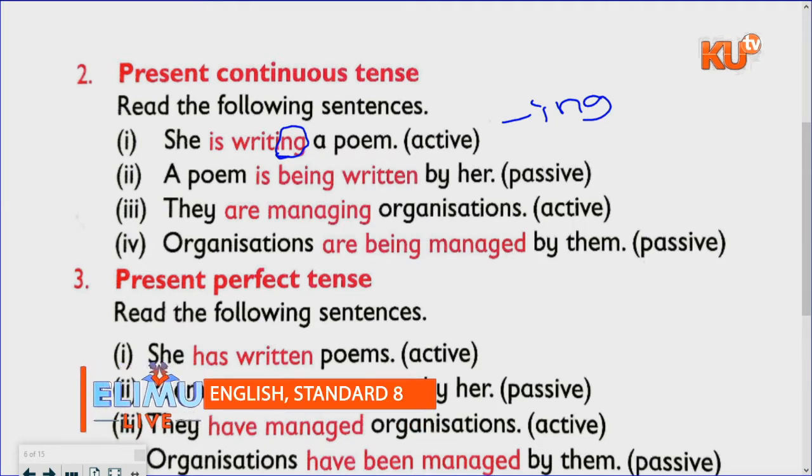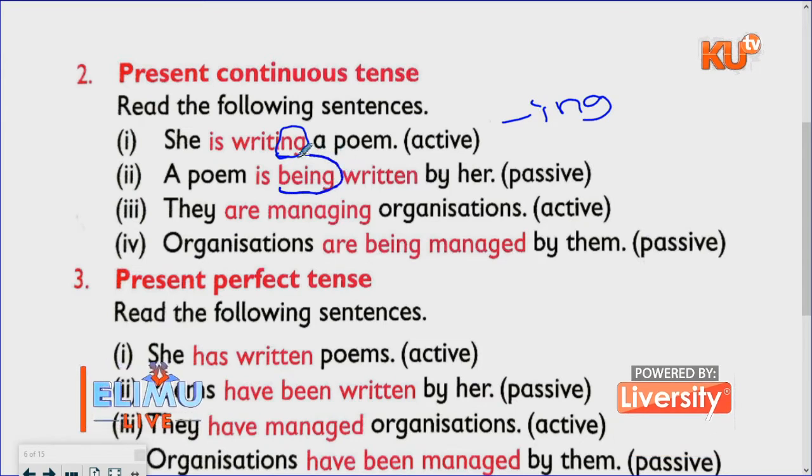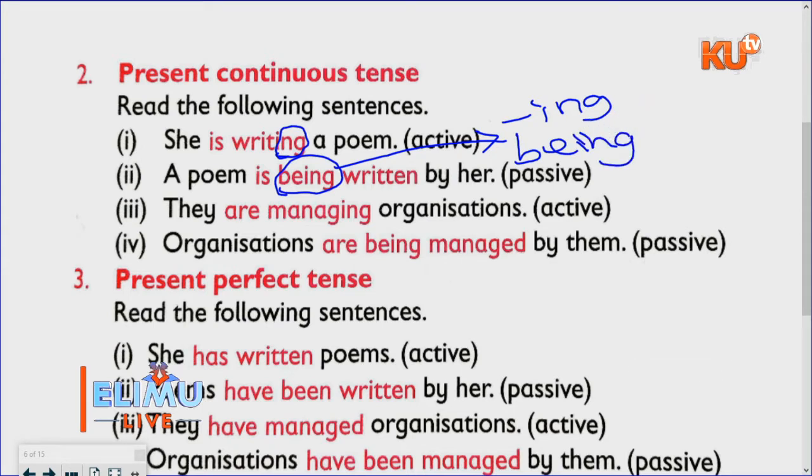In present continuous tense, we change She is writing a poem to a poem is being written by her. You only change the verb to participle; the tense remains the same. I want you to note the use of that word being. It is the one we use every time we are changing verbs of present continuous tense to passive.